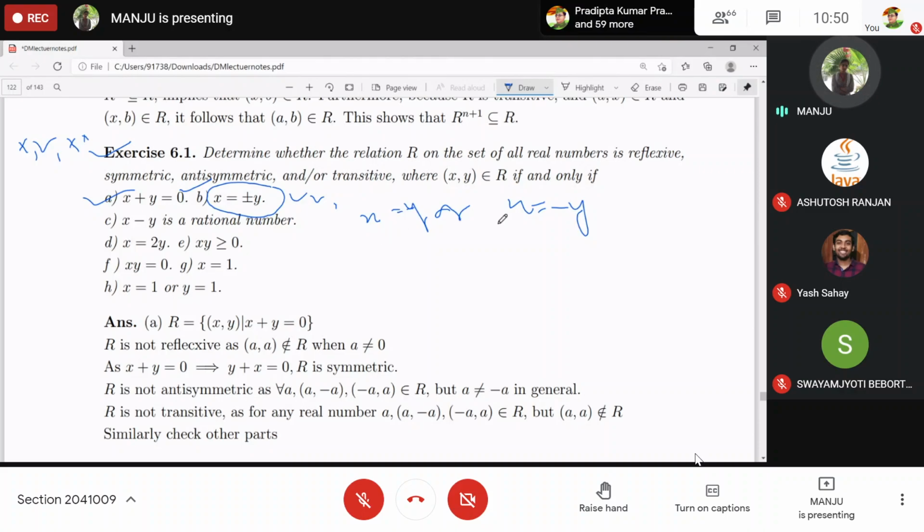You have (x, y), and from here (y, x), y is related to x, so y is equal to x or y is equal to minus x. So from here, can you say x is equal to y? If you have this condition with this one, then x is equal to y, right?